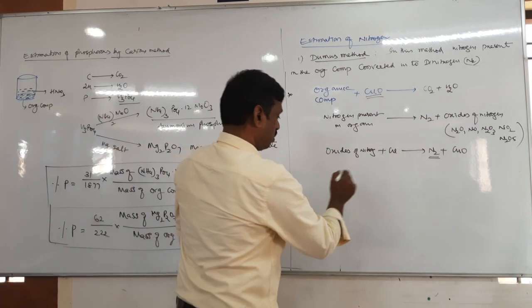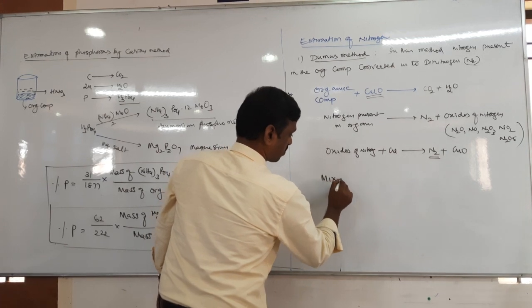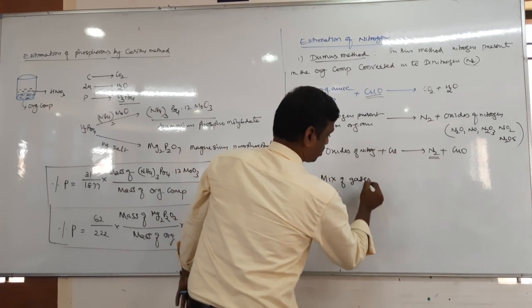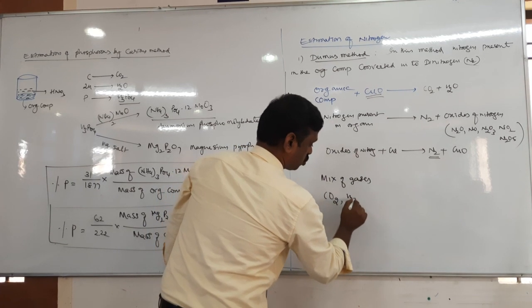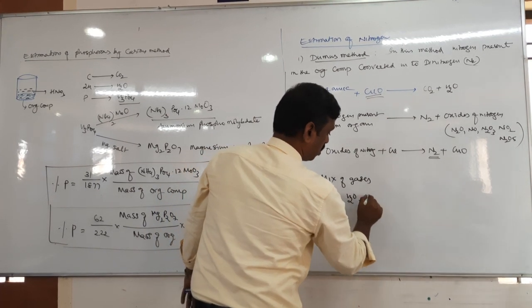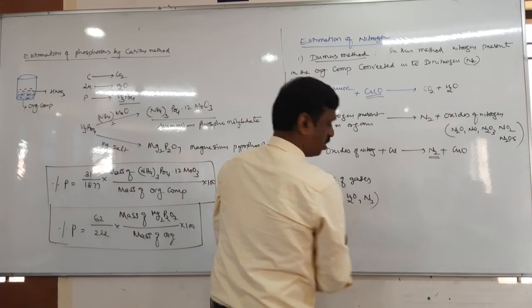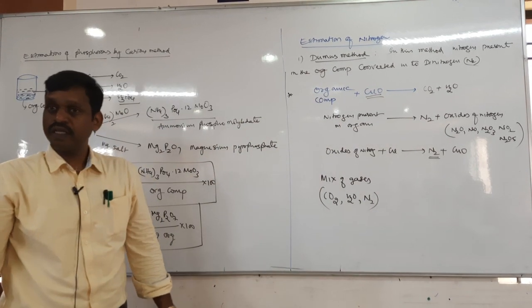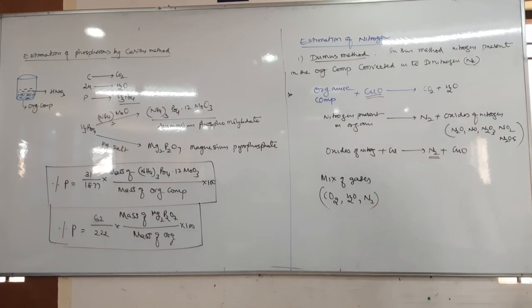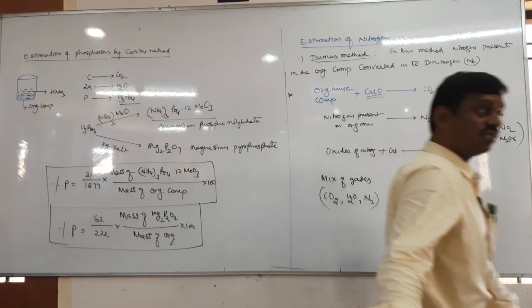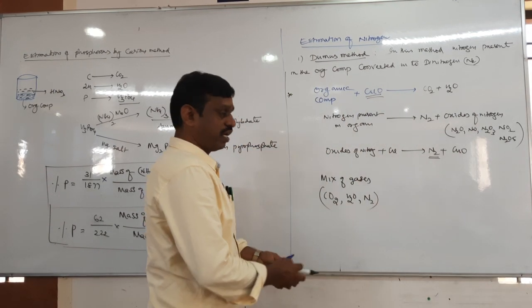Now tell me, then we have a mixture of gases. What is the mixture of gases produced? CO2 is produced, H2O is produced, and N2 gas is also produced. Now this mixture of gases is passed over anhydrous KOH. This anhydrous KOH absorbs both carbon dioxide as well as water. Then what is left behind? N2 gas.